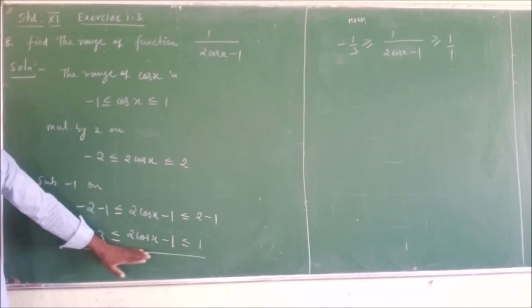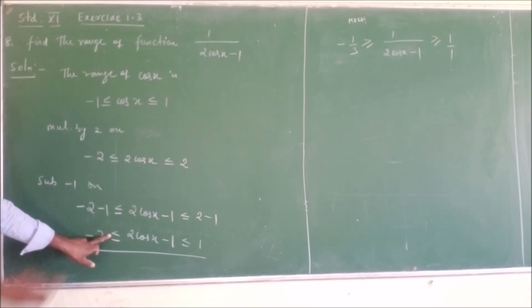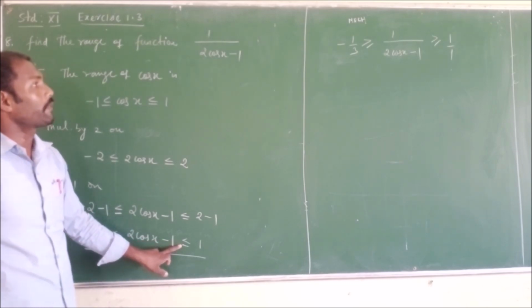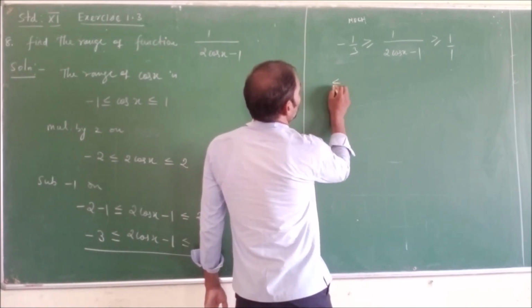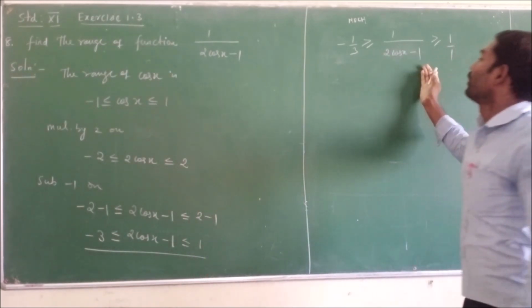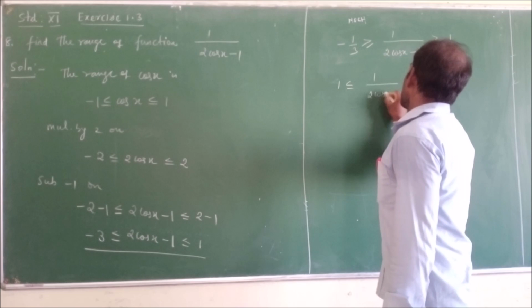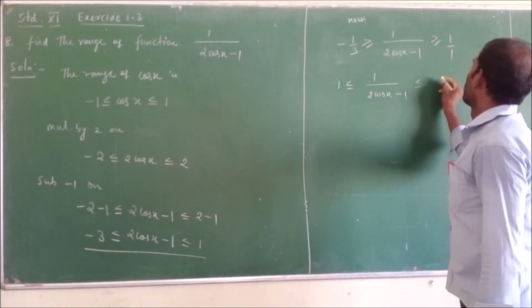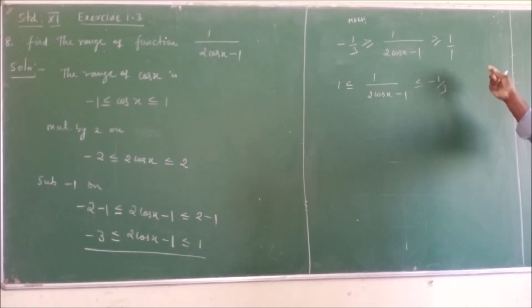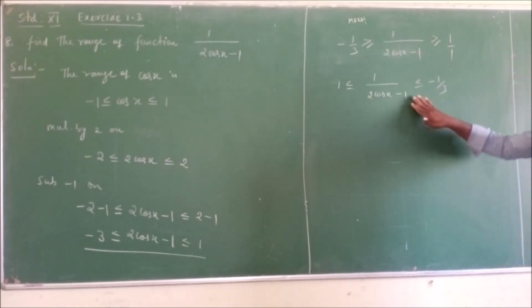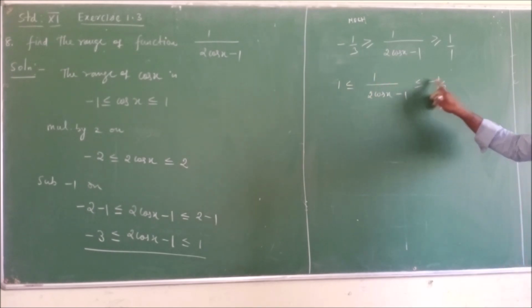So take the reciprocal. In this inequality, -1/3 less than or equal to is converted to greater than or equal to, and 1 less than or equal to is converted to greater than or equal to. Replace this and change the other term. It means write the reverse order for this inequality: 1 less than or equal to 1 by 2 cos x minus 1 less than or equal to -1/3.